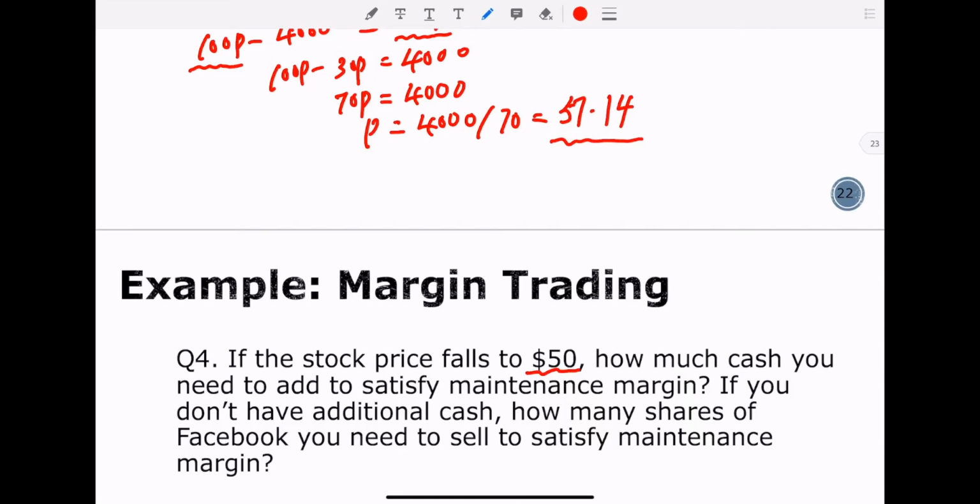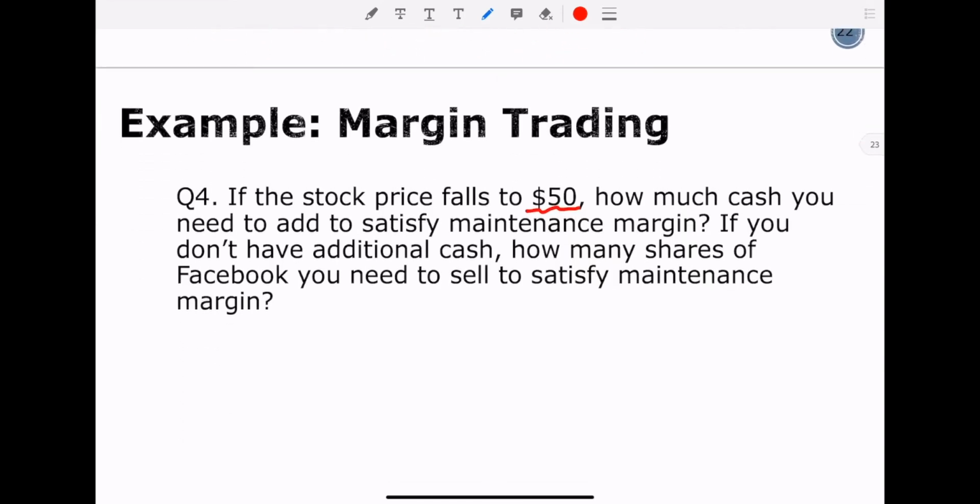So now you will get a margin call, right? And we have talked about this. If you have a margin call, you need to either add cash or security, or you need to sell some of your Facebook stock, right?